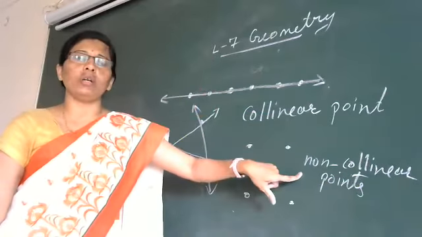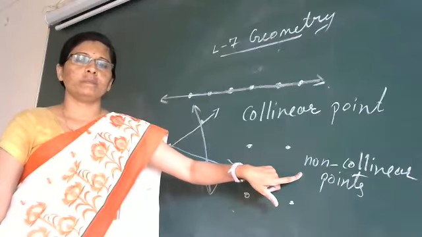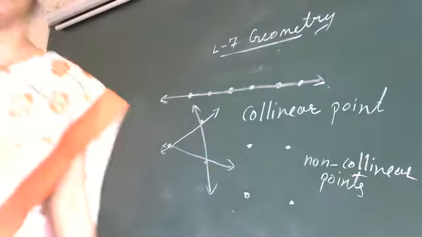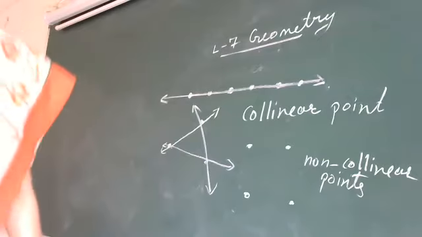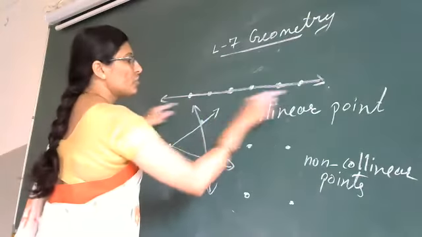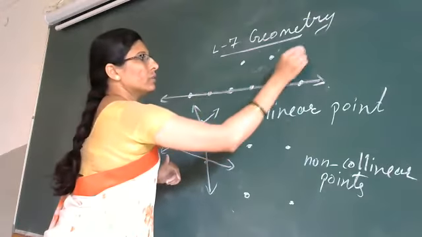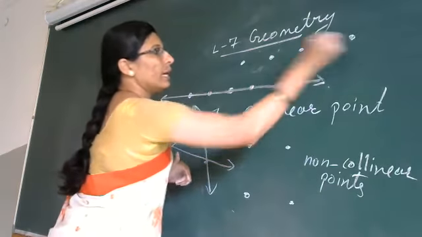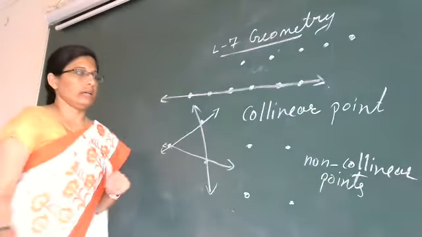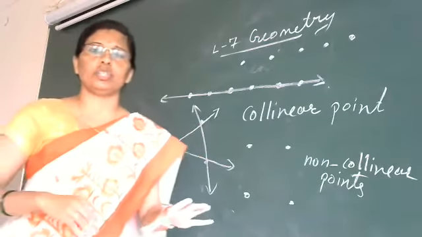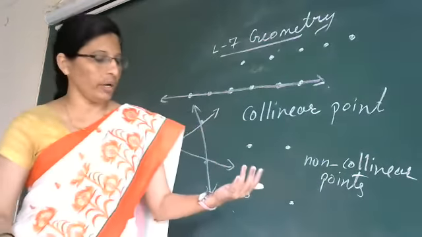Understood collinear and non-collinear? Yes, ma'am. Collinear means if three or more points lie in a straight line, they are known as collinear. If they are not in a straight line, anyhow they are arranged, they are known as non-collinear.